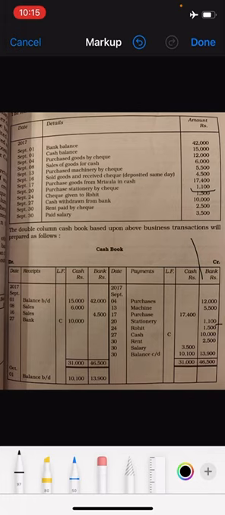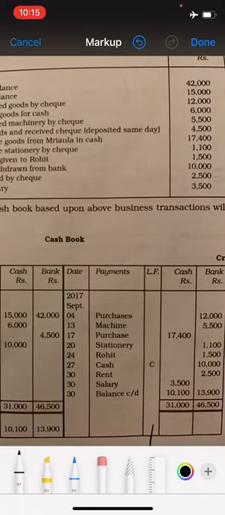So on the credit side of your cash book, you have to write Rohit's account, and under bank column the amount, that is 1,500. See here, Rohit under bank 1,500.